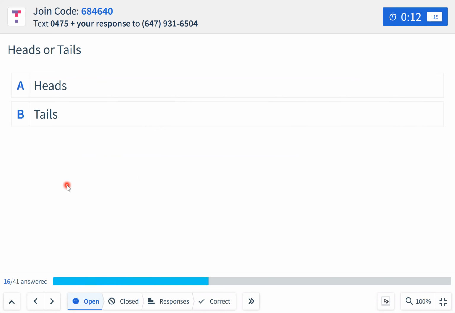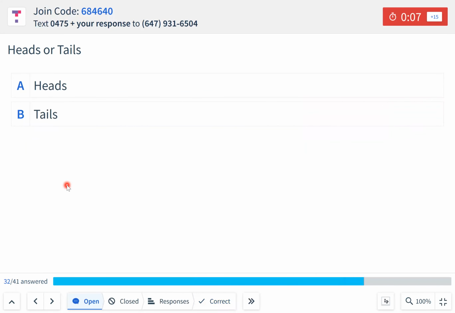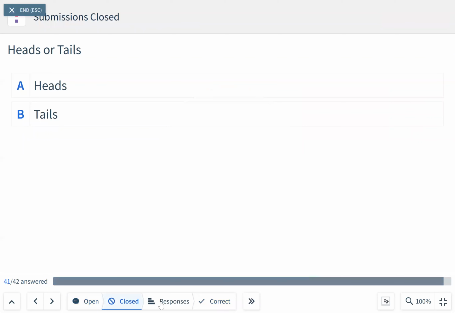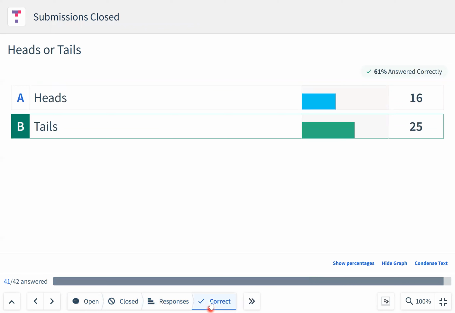Heads or tails? So we're shifting to tails, it seems. All right, a couple more.